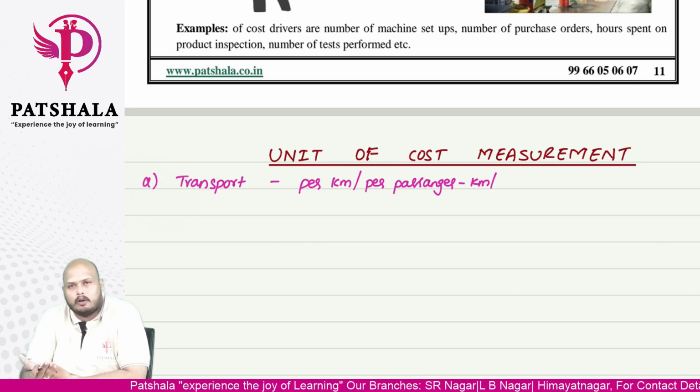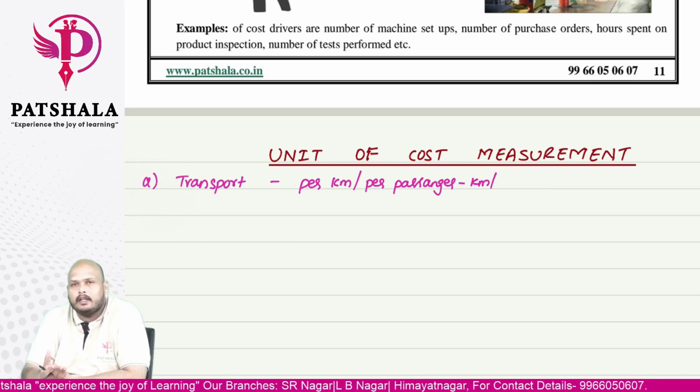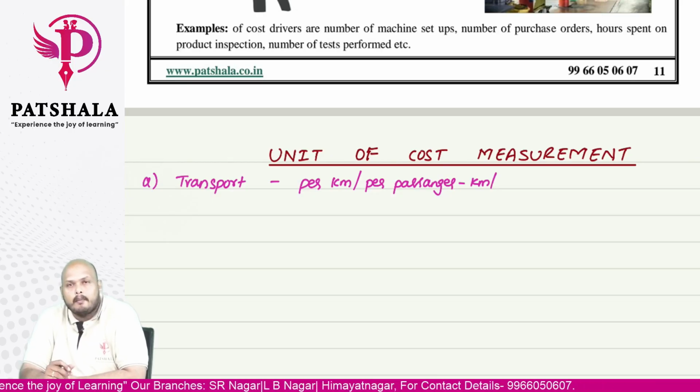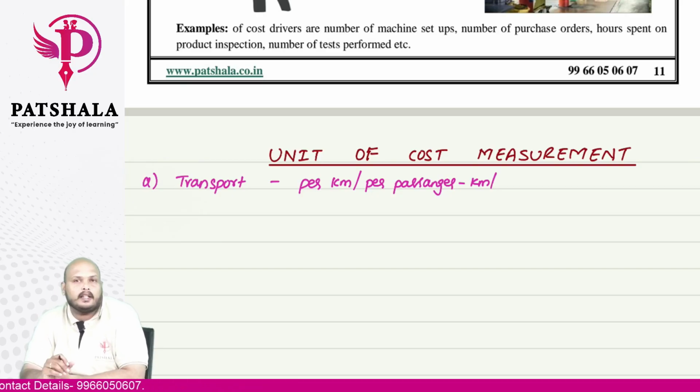Per kilometer, everyone knows, is how many kilometers you are traveling. Per passenger kilometer, in the case of public transportation: when you are traveling in TSRTC or APSRTC, they will charge for one passenger traveling a distance of 1 kilometer. That is the reason the unit of cost measurement is called per passenger kilometer.